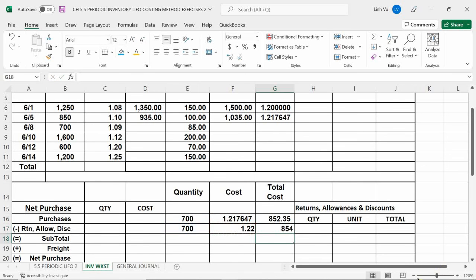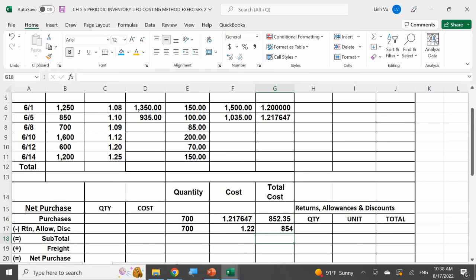One of them costs you $852.35, while the other, since you rounded up, ends up costing you an extra $1.65. So you just lost $1.65 worth of profit.